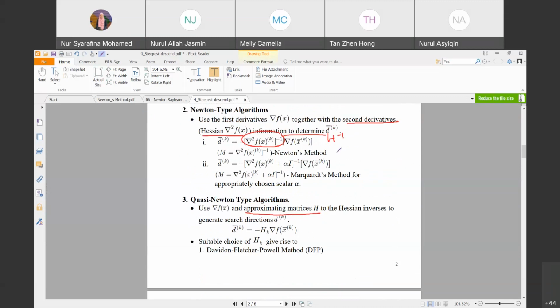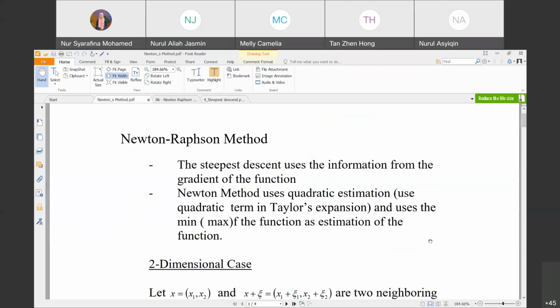This is the difference between Newton and Quasi Newton, where Quasi Newton is an improvement on the Newton method. As for today, we're going to discuss Newton's method.